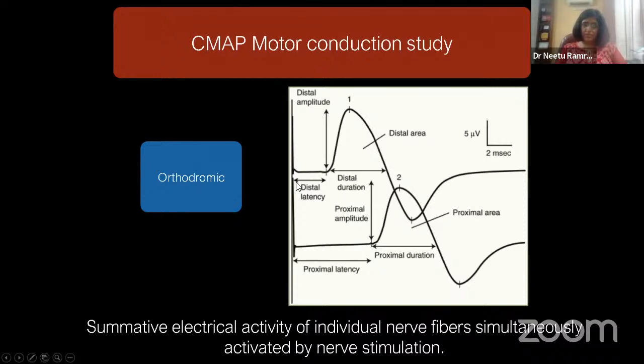The first is distal latency, the point from stimulus to the onset of this graph. Second is distal duration. Again, at the second point when it is given, this is the proximal latency and the proximal duration. So basically what we do is we sum up the electrical activity of individual nerve fibers, which we activate when we give the electrical stimulus.